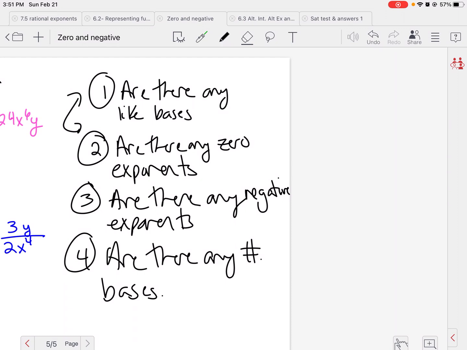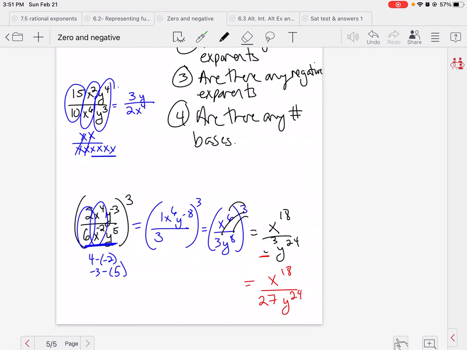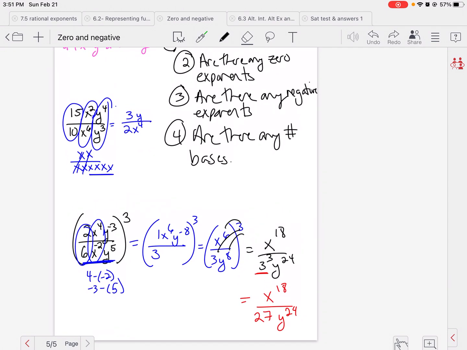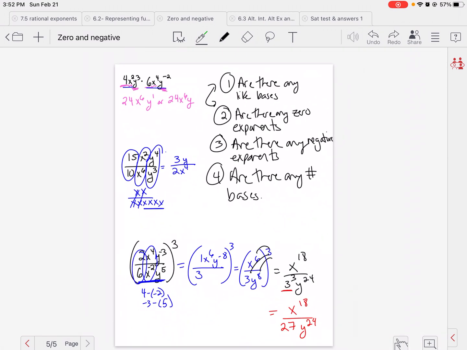Okay, so any number bases, which just means like, do we have a base 3 where we can figure out that 3 to the third is 27? Again, negative exponents would be like our y to the negative 8, and we would need to move that down to the bottom or top depending on where it is to start with. Like bases would be like x's with x's, y's with y's. We didn't have any 0 exponents in this one because you guys are usually pretty good at dealing with those.